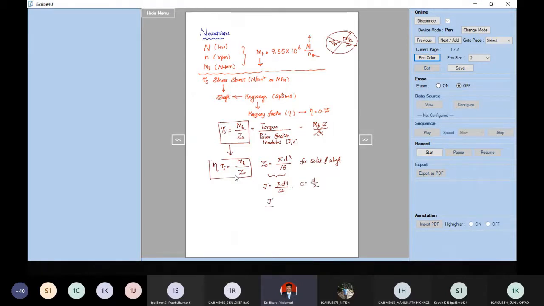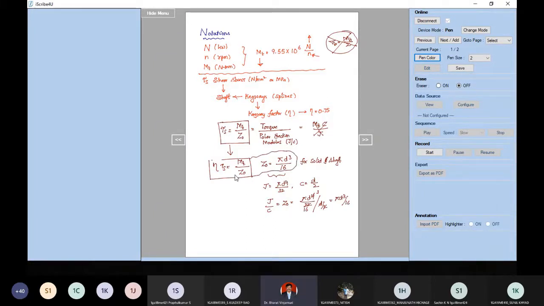So J by c is equal to Z0, pi d power 4 by 32 divided by d by 2, which gives pi d cube by 16. So I am going to use this equation.